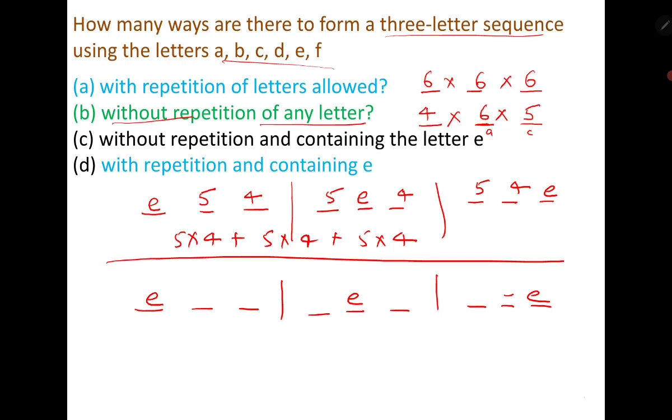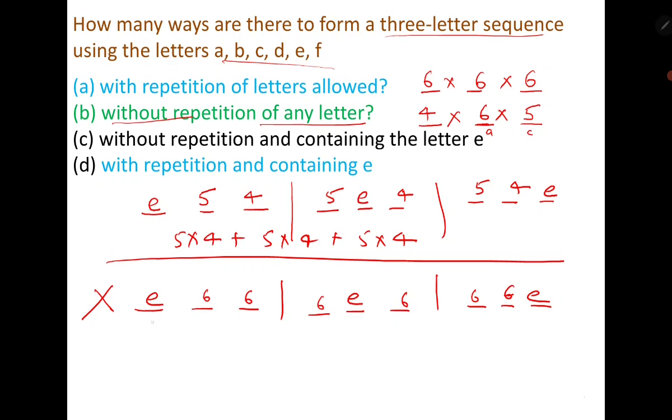One common mistake is that when repetition is allowed, we may say there are 6 possibilities for each of the other positions, so 36 multiplied by 3, which is 108, but this is incorrect.